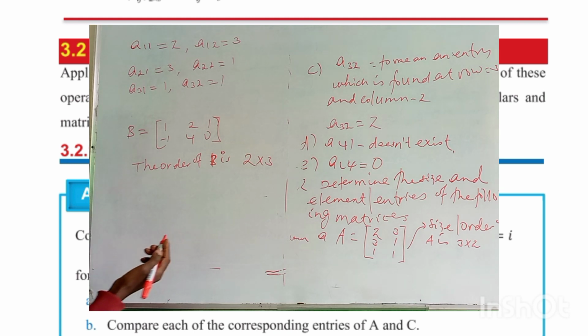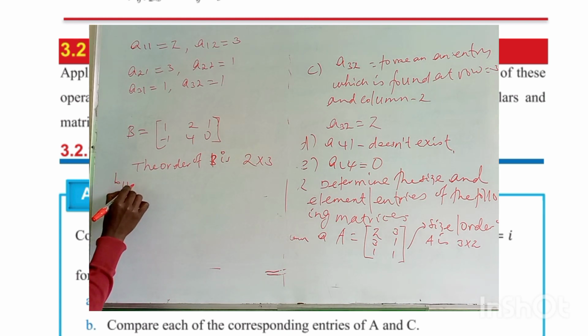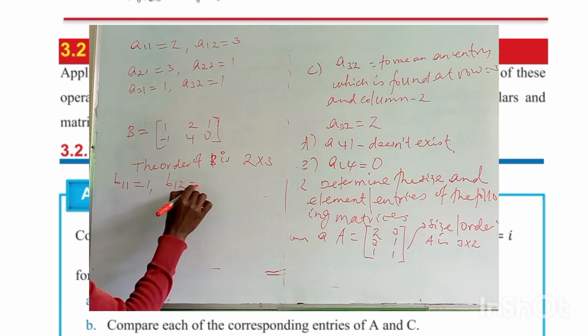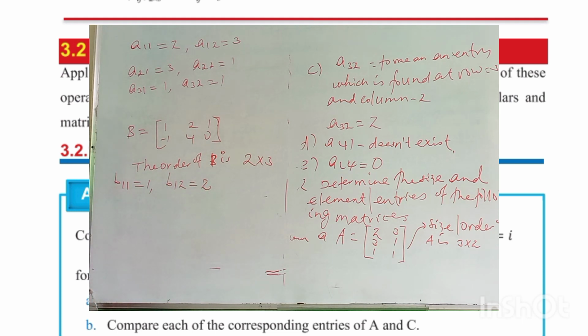So what are the entries or elements? The elements are B11, which is 1, the entry in the first row and first column. The second one is B12, which is 2, found in the first row and second column.